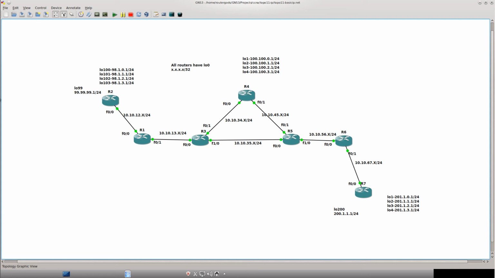In OSPF, most of your problems stay inside of your area. Links break and stuff, that's fine. Inside of our area, we go crazy. But then when we talk to other areas, we're calm. Don't need to worry about too much. So R3's job is kind of like the father of the family.